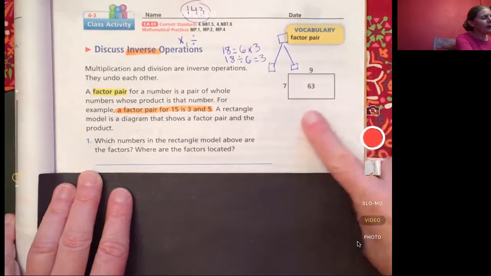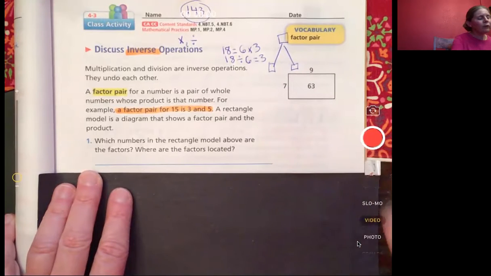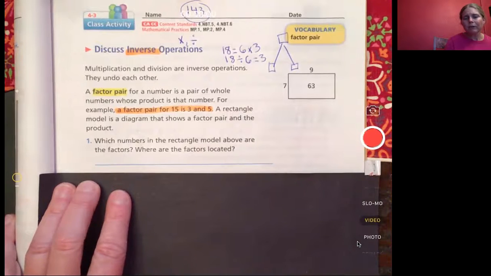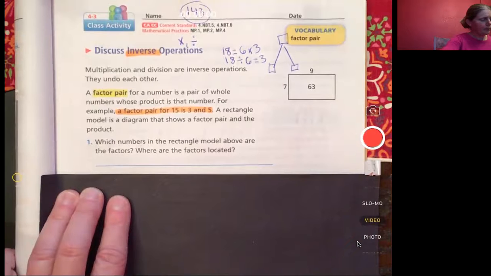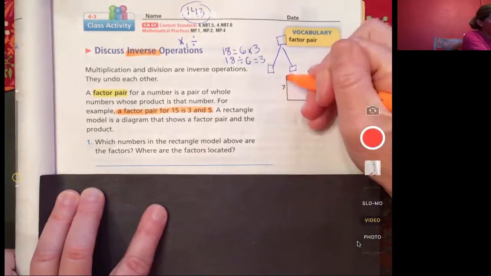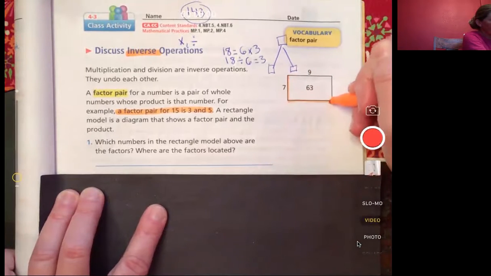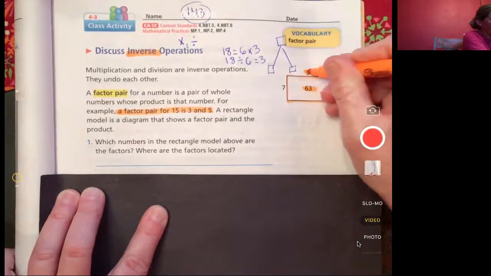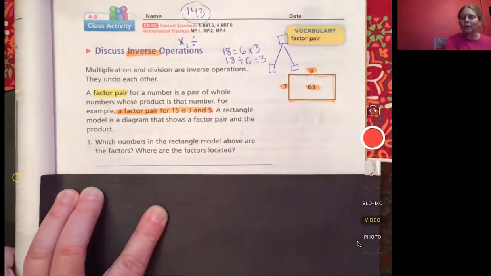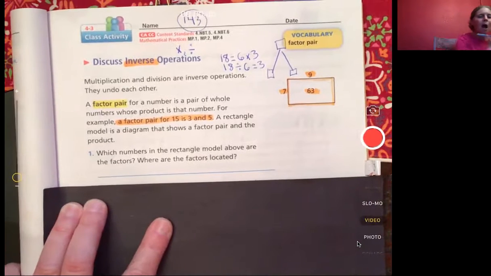So when you look at the rectangle, which ones are the factors and where are they? I'll give you a second to jot that down. So here's our rectangle. There are 3 numbers that we're looking at. Those are our choices, okay?